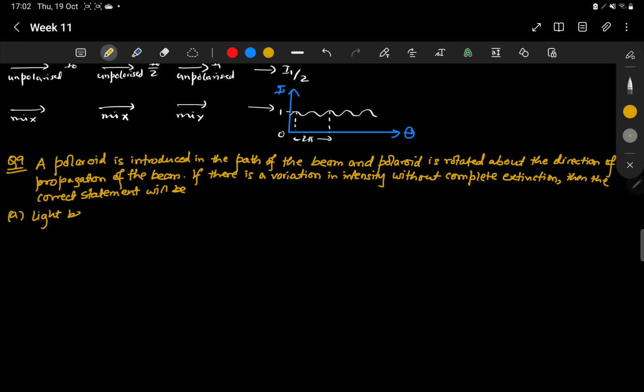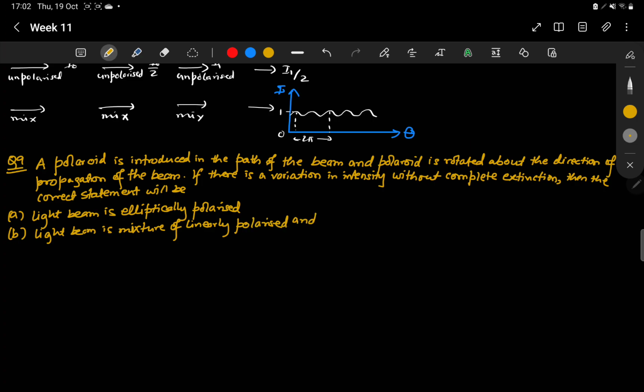A. Light beam is elliptically polarized. B. Light beam is a mixture of linearly polarized and unpolarized light.